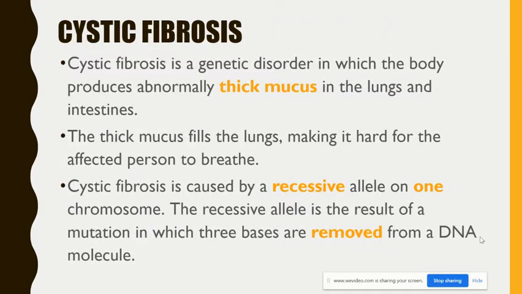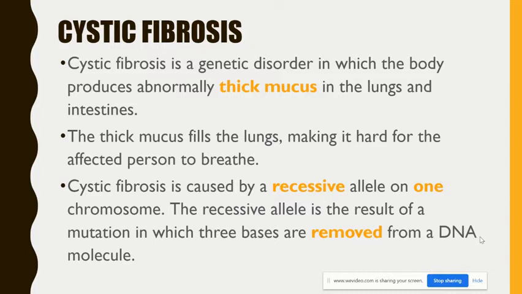So the first genetic disorder we're going to look at is cystic fibrosis. This is a genetic disorder in which the body produces abnormally thick mucus in the lungs and the intestines. So this thick mucus fills the lungs, and it makes it hard for that person to breathe and to function normally. This genetic disorder, cystic fibrosis, is caused by a recessive allele on one chromosome.